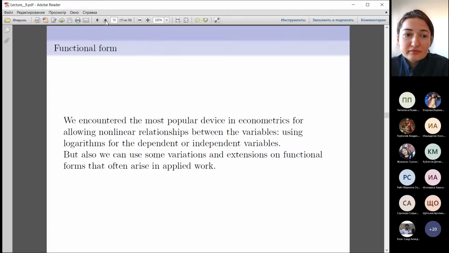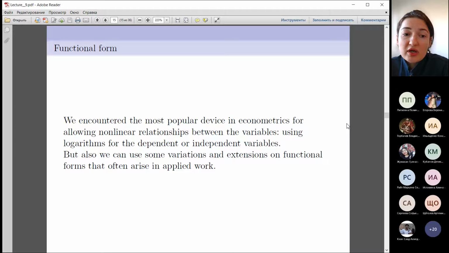But we discussed with you the most popular device in econometrics for allowing nonlinear relationships between the variables. In many cases, using logarithms of certain variables and adding quadratic terms in the models are sufficient for detecting many important nonlinear relationships in your equations, in your models.